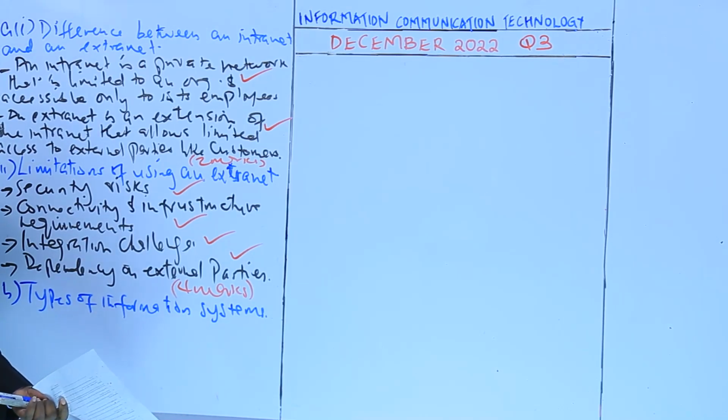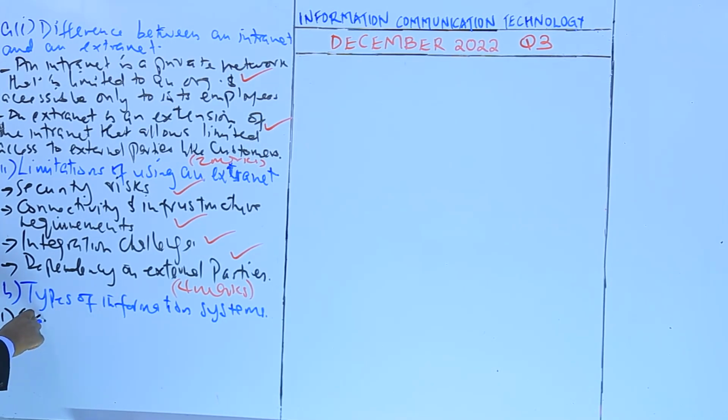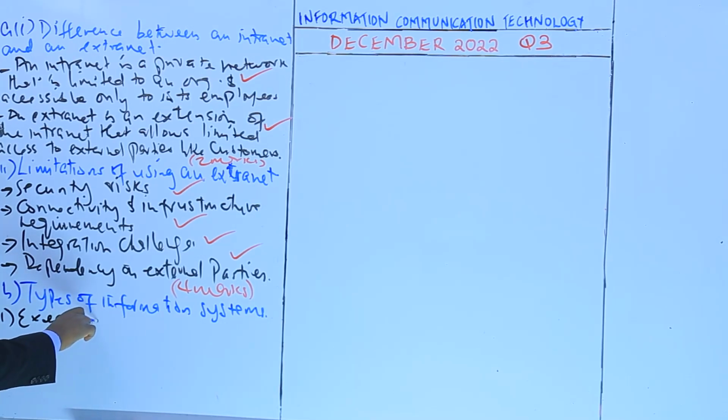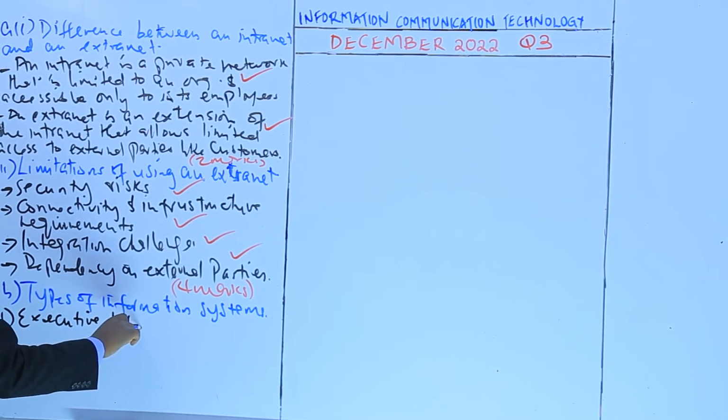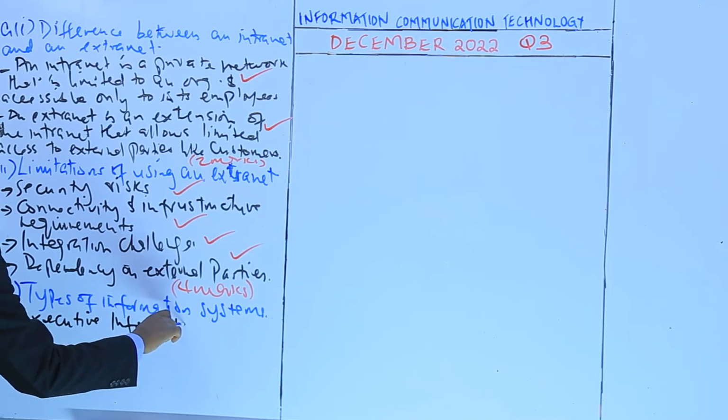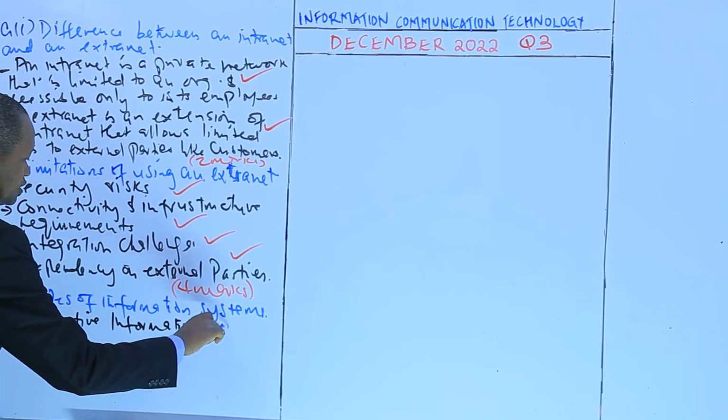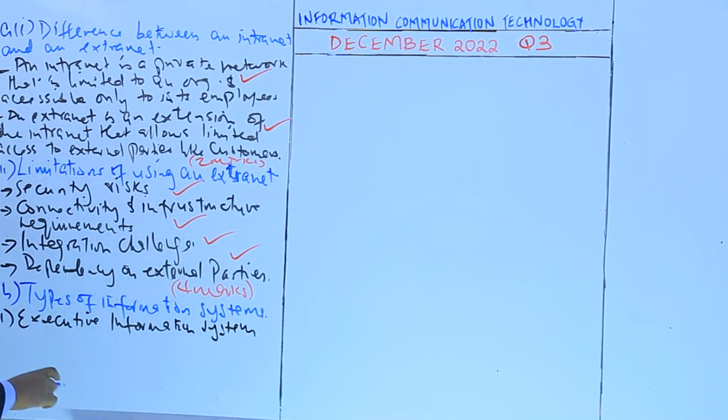1, executive information system. This is EIS.